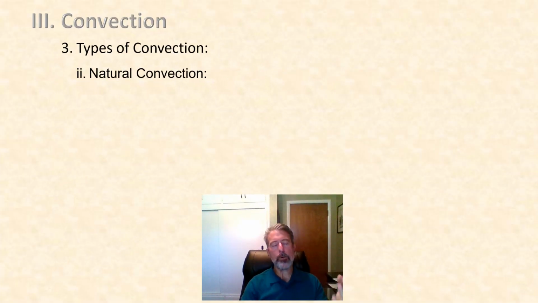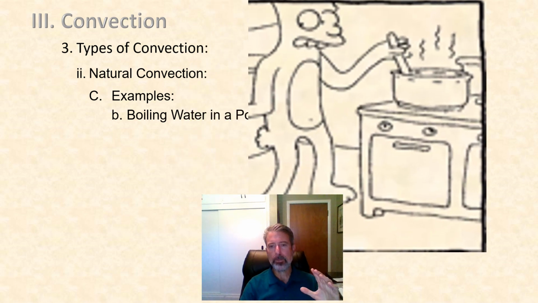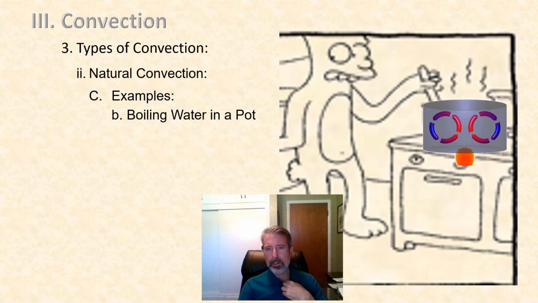So another example, a rather important one to us, is the ability to heat water in a pot. How does the water get heated? Well, let's take a look at Bongo's clam pot from our opening slide and take a closer look at what's happening inside of that pot with the water. So what happens is that the water on the bottom of the pot may get heated by thermal conduction along with the metal in the bottom of the pot.